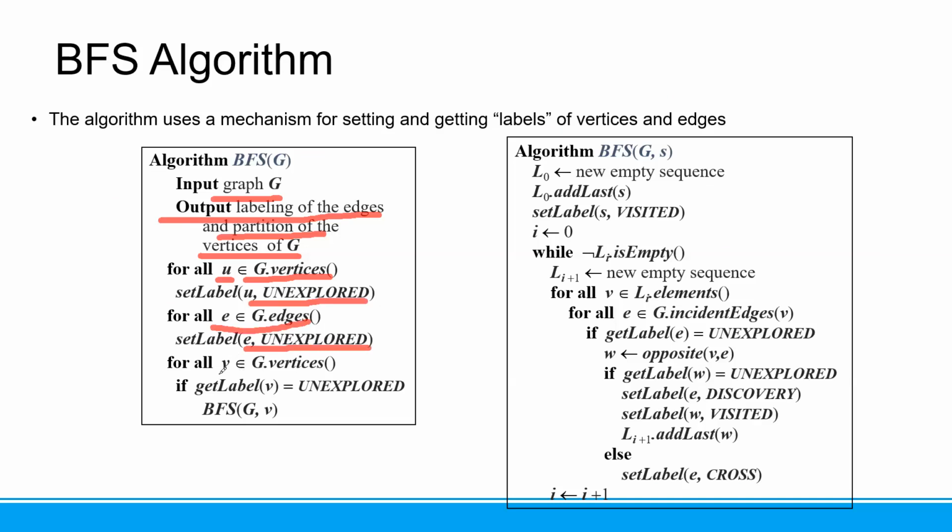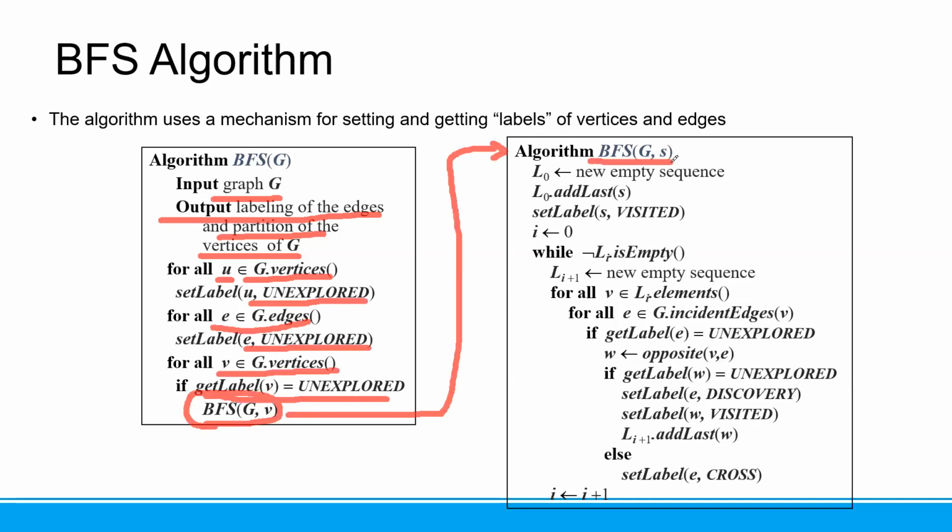And then for every v, if the label is unexplored, then let's do BFS(G, v). So this is the algorithm that we will do here.